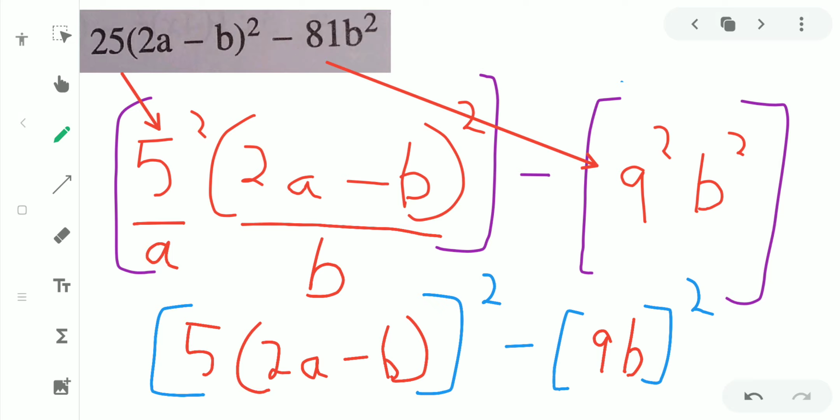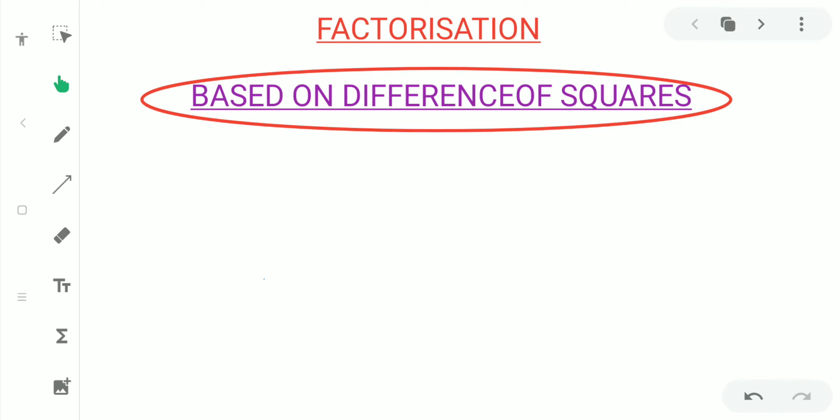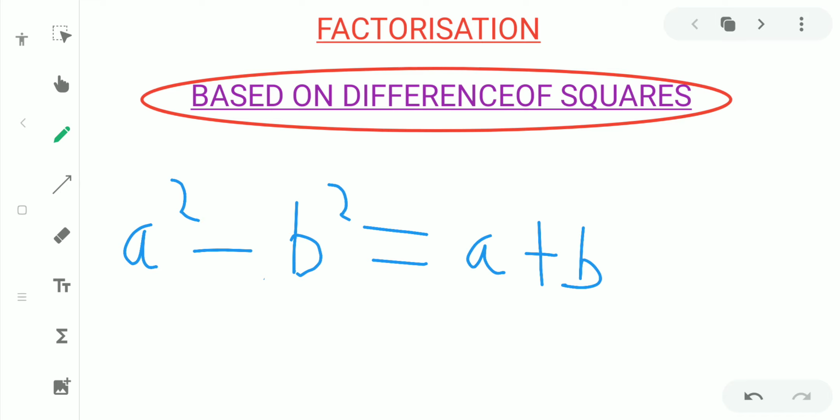So now carefully observe, this is in the form of a square minus b square. So that formula I have already said to you, that is a square minus b square is equal to a plus b times a minus b.